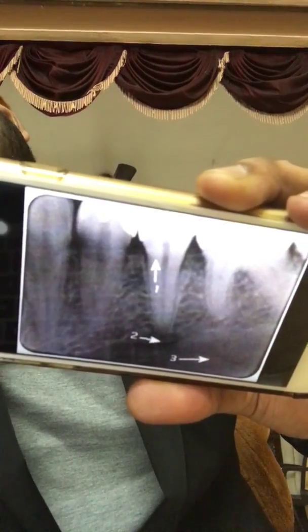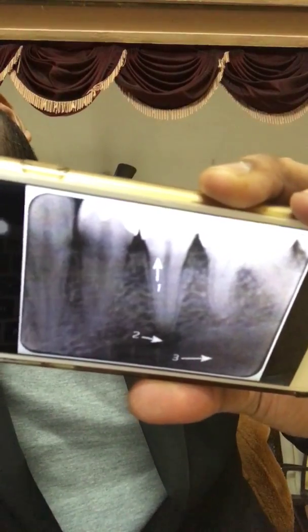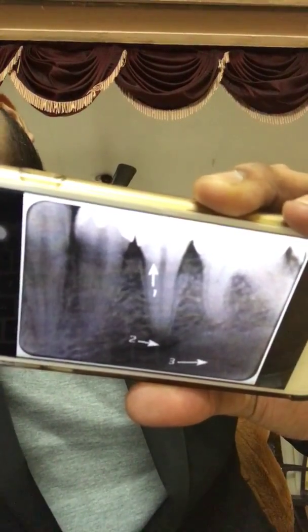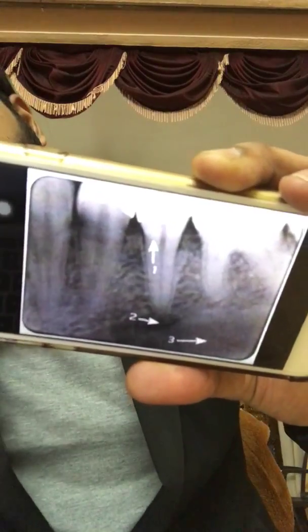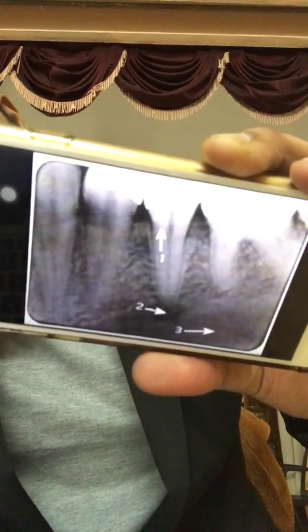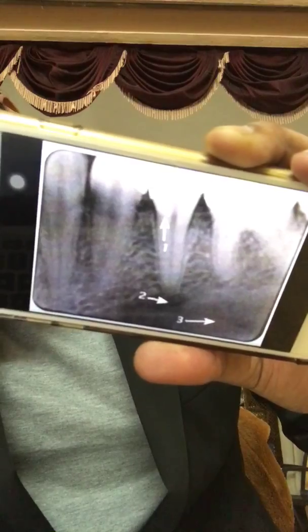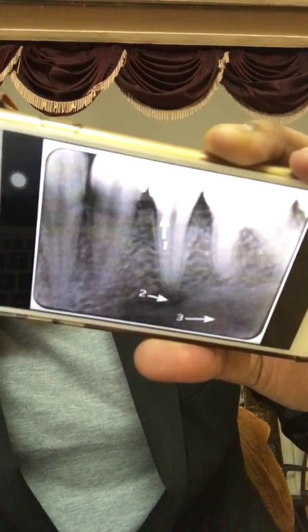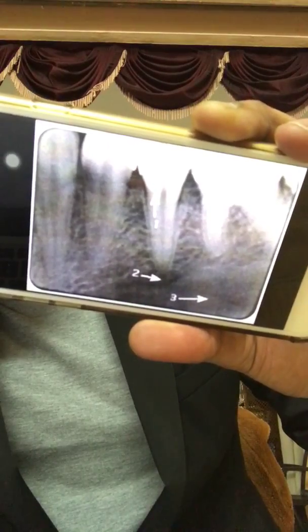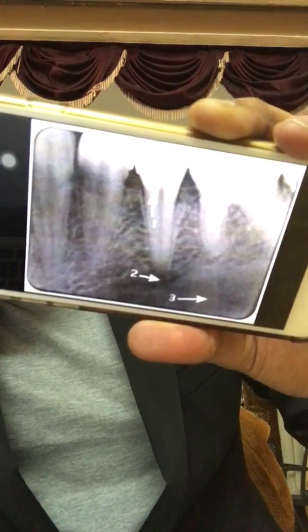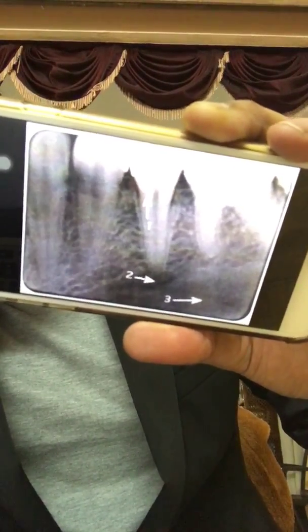One is pointing towards an area which seems to be a junction between a more radiopaque and a less radiopaque structure. Two is a kind of periapical radiolucency, and 3 seems to be a radiolucent area in the bone, right?